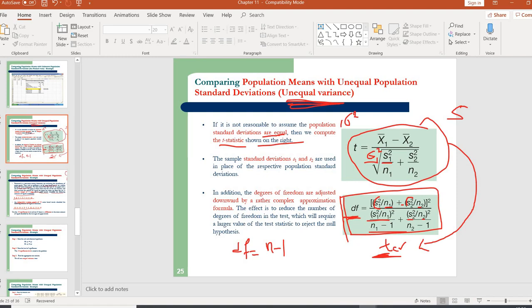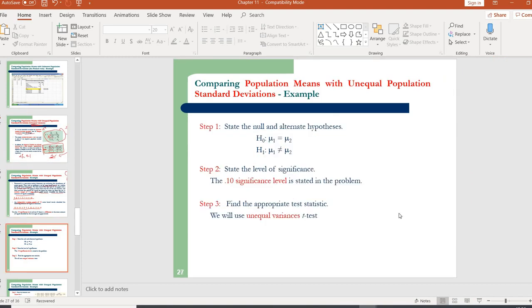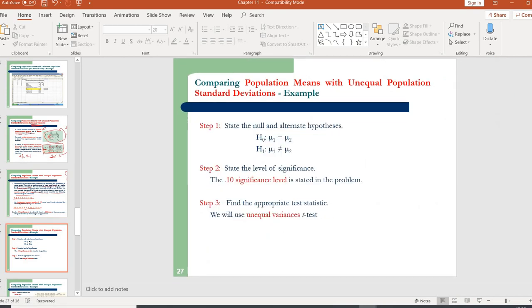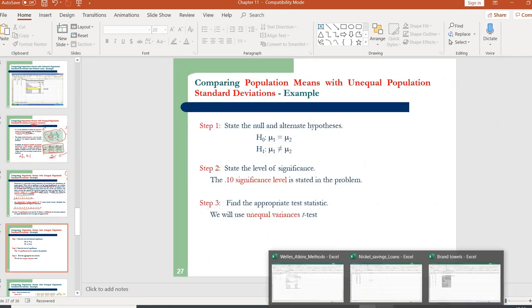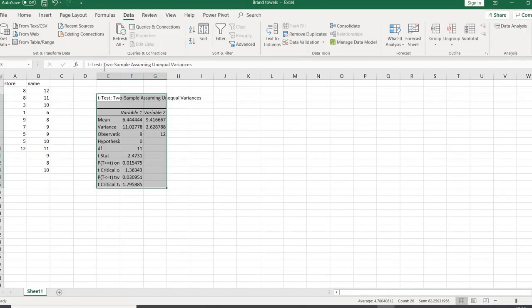Okay, now how do we know that we will use this T formula of unequal variances? So guys, I'm giving you the procedure. Since we know the data, I have presented the data here. So let me just remove this.